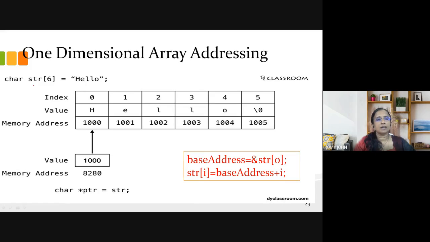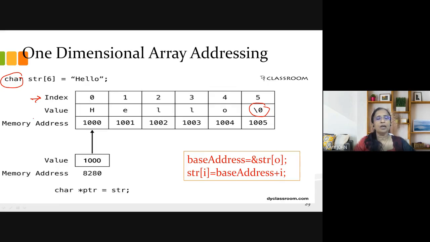This is char str[6] = "hello". This is a character array. Its name is str. How many elements can we store here? 0 to 5. So this is index 0, 1, 2, 3, 4, 5. What's the value? HELLO. And this is a character. We know that at the end we need a \0 symbol.